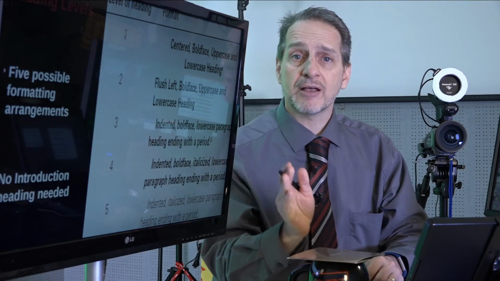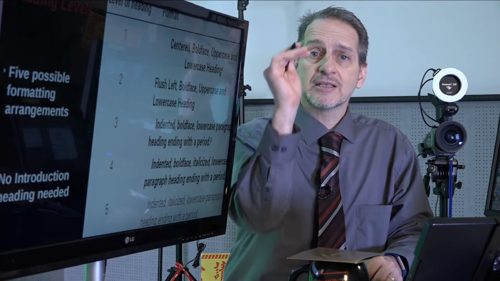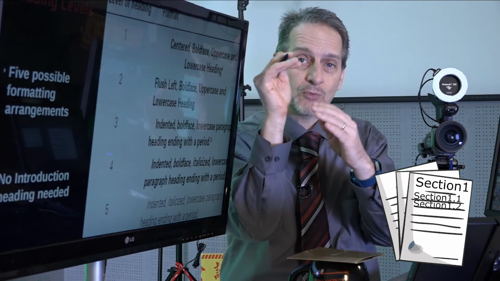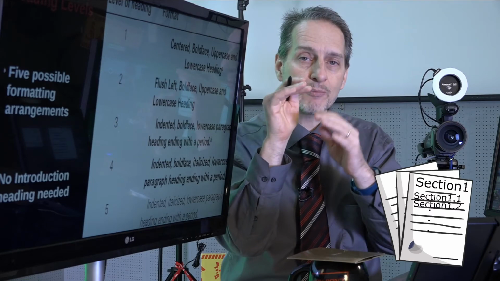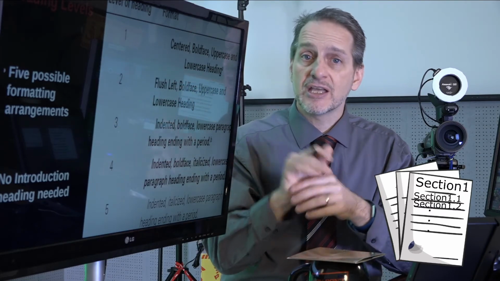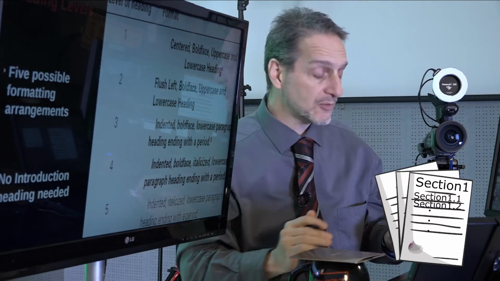Now we're going to talk about making an outline in a separate video, but the point is section 1 of your paper could have section 1.1, 1.2, 1.3, 1.4, right? And then it could have 1.1.1. So it could have these many levels. And when you write the headings for those levels, how many are possible?